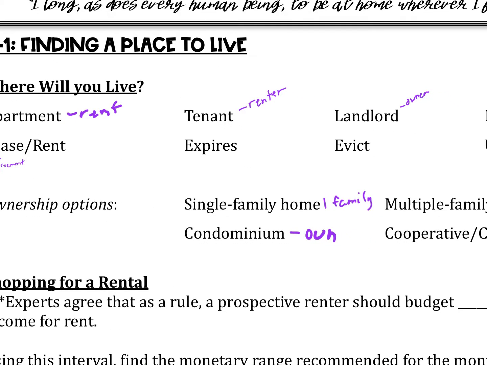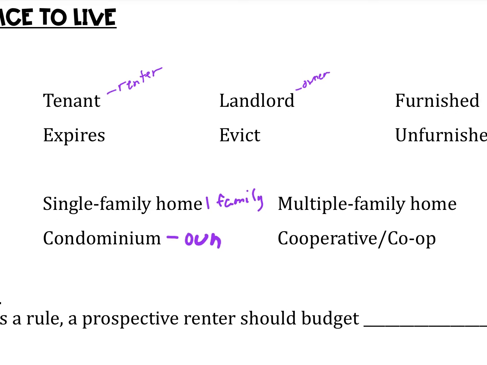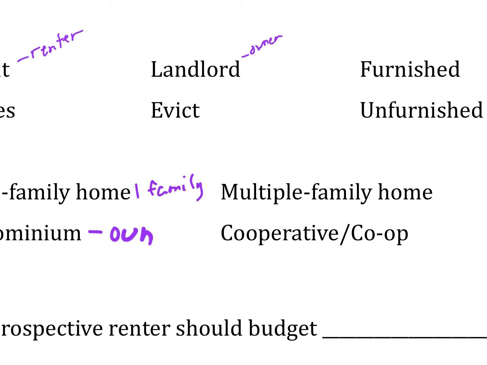What does it mean to evict somebody? Kick them out. Because they broke the lease. Typically it's because they're not paying their rent. It can be for other reasons, but usually it has to do with not paying.